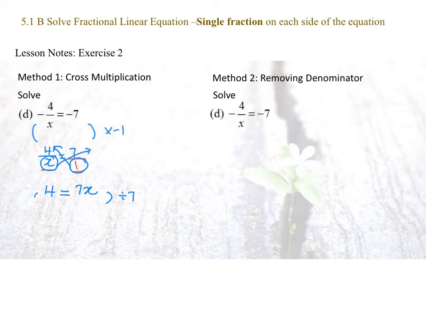So we'll divide by 7. And we'll get 1 unit of x. And that leaves us with taking 4 divided by 7. So therefore, x will be equals to 4 over 7. We'll try not to use a decimal in this case so that our answer is exact.